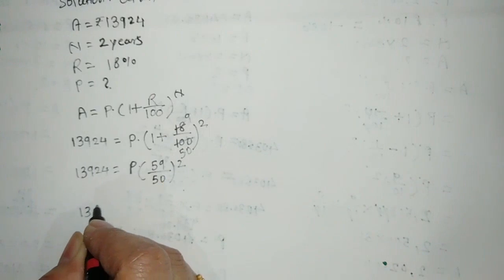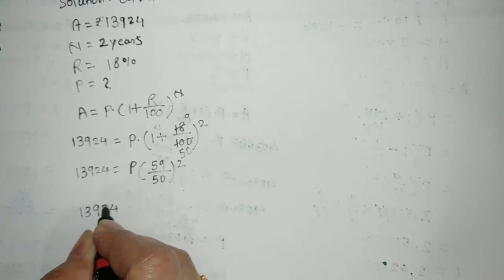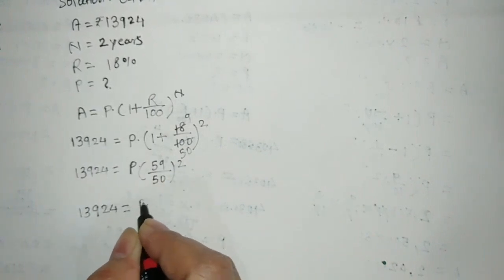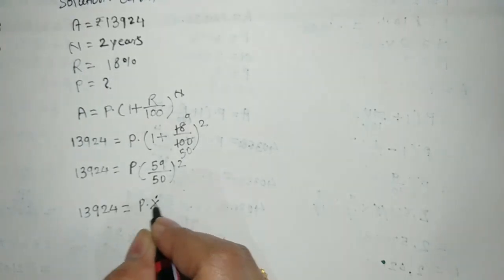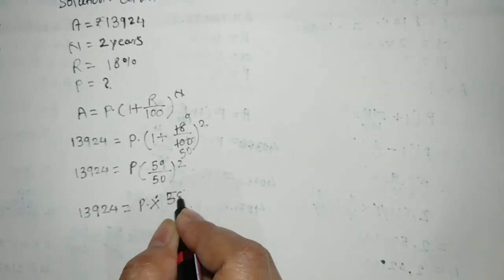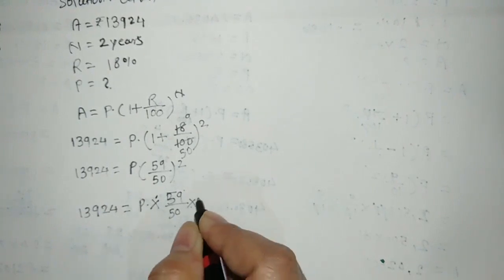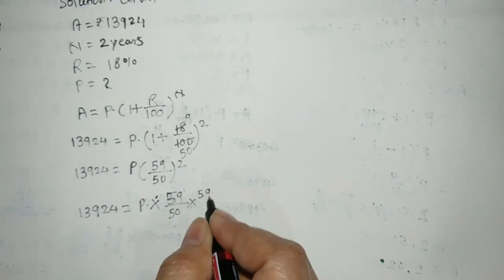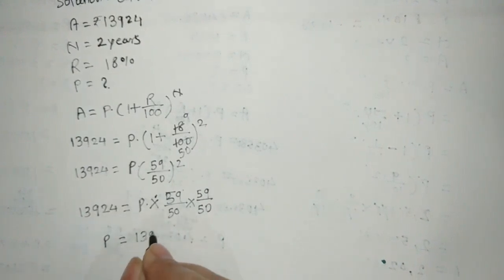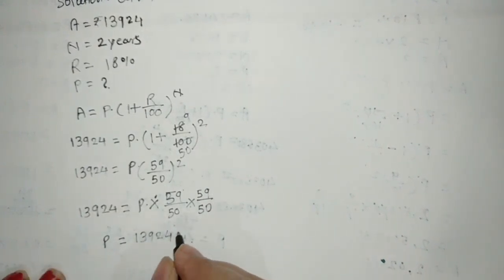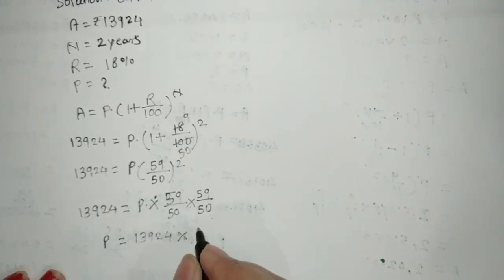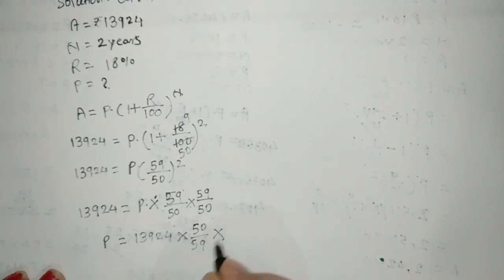So 13,924 is equal to P into 2 times multiplication of 59 upon 50. So take the P here. P equal to 13,924 as it is. Now take the reciprocal of 59 upon 50. Okay. So it becomes 50 upon 59.